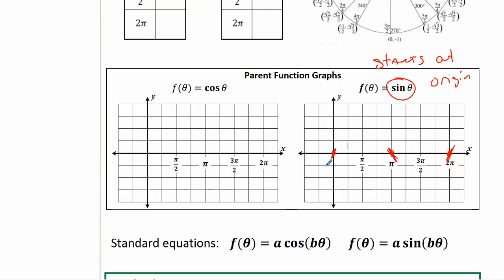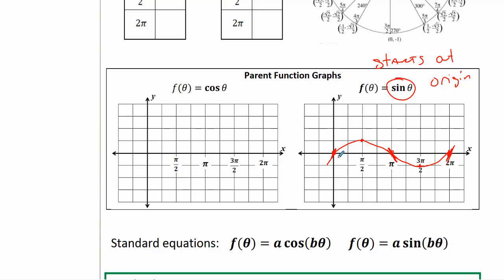Instead of going down to up, it's going to be going from up to down, okay? So that means that the graph is going to look like this. But now I got to find the value. So the sine of pi over 2 was 1, and then the sine of 3 pi over 2 was negative 1. So there we go. That's the sine graph, okay?